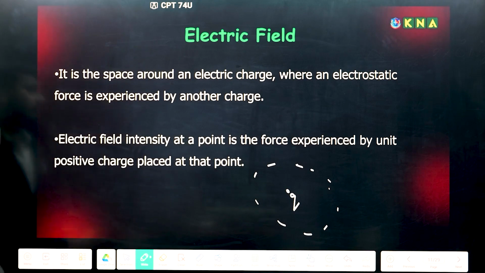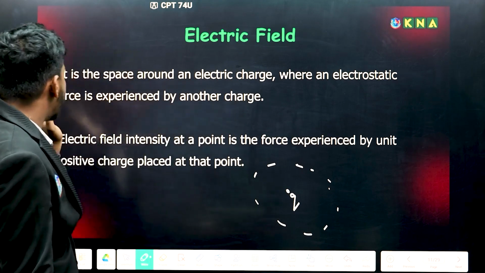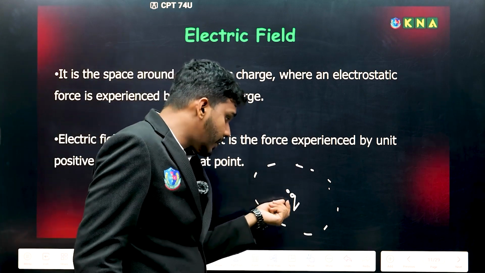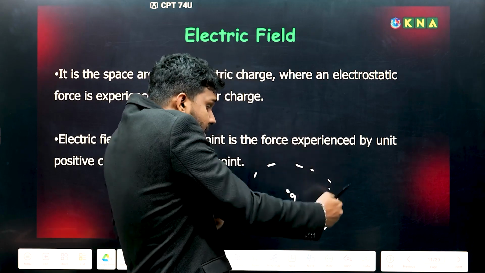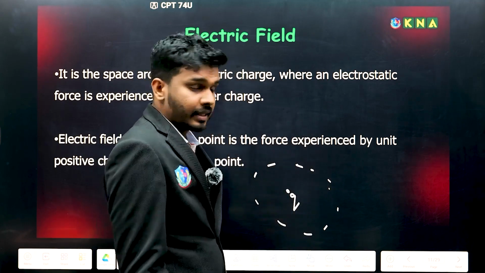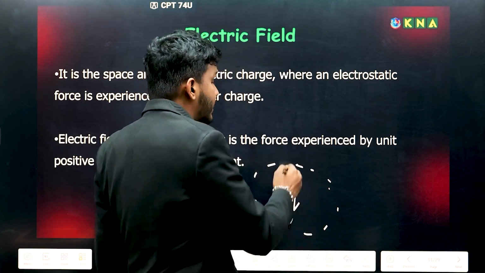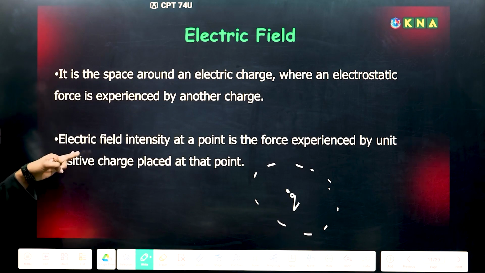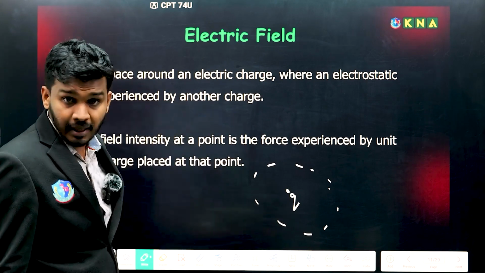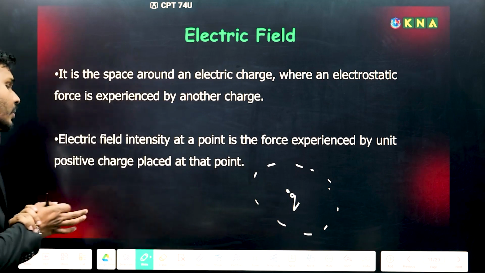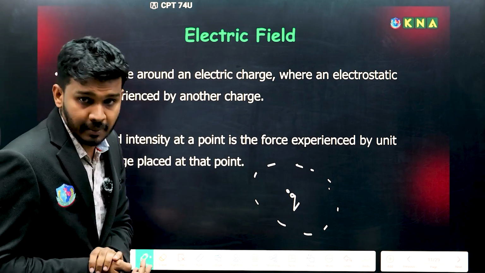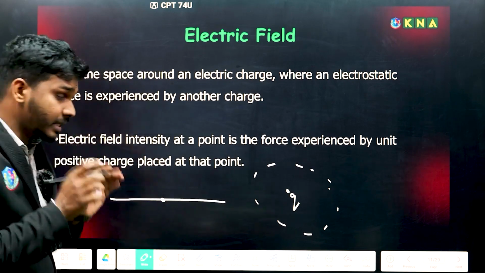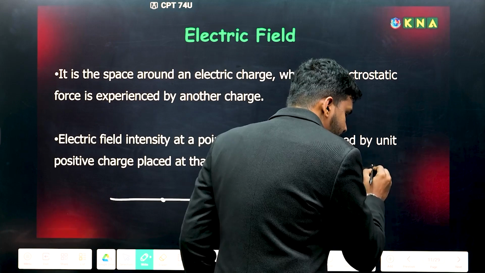It is the space around the electric charge wherein electrostatic force is experienced by another charge. Electric field intensity at a point is the force experienced by a unit positive charge placed at that point.